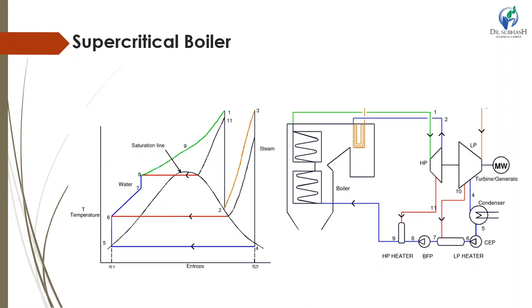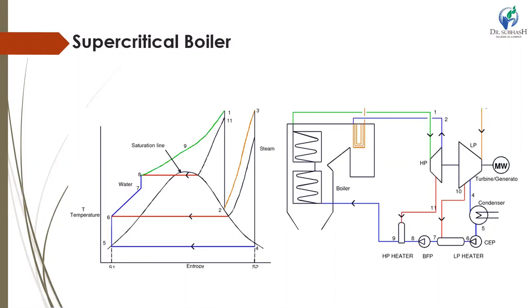Usually power plants having a capacity of 300 megawatts and above use supercritical boilers. So this is the process of a supercritical boiler, and there are some advantages and disadvantages as well.